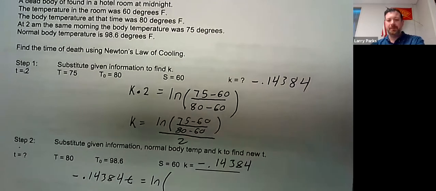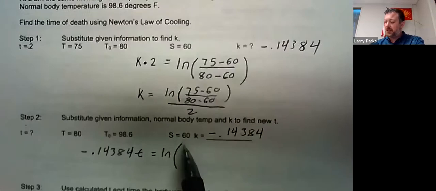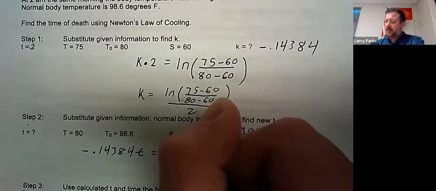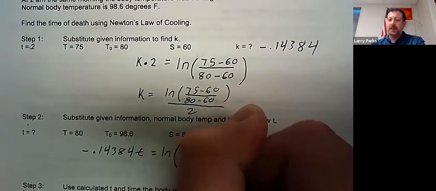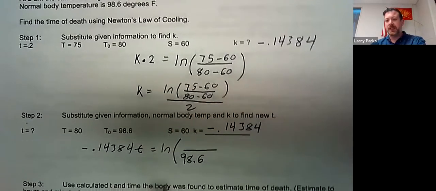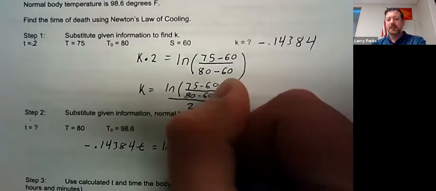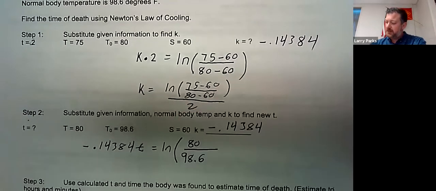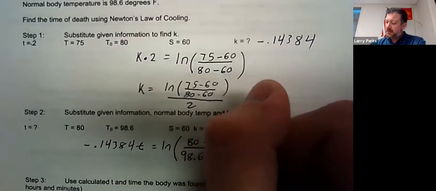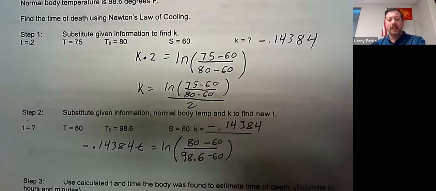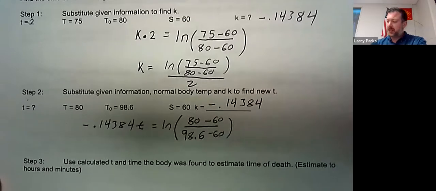This time, we're going to let the initial temperature be 98.6 degrees. We're going to find how long it took to go from 98.6 degrees to that initial finding of 80 degrees. Subtract off the room temperature. And then I'm just going to punch all this in the calculator.